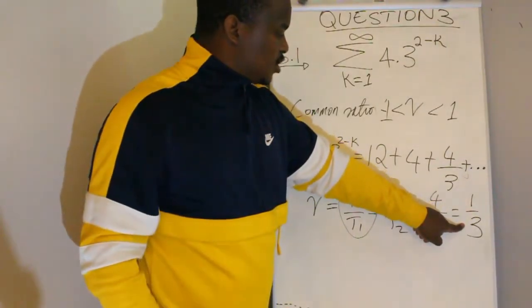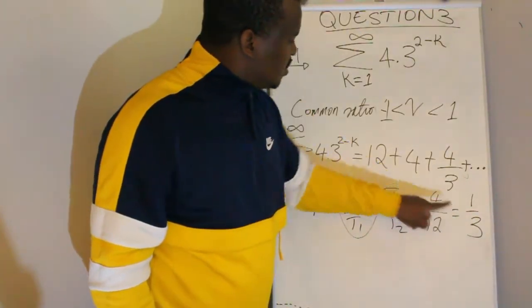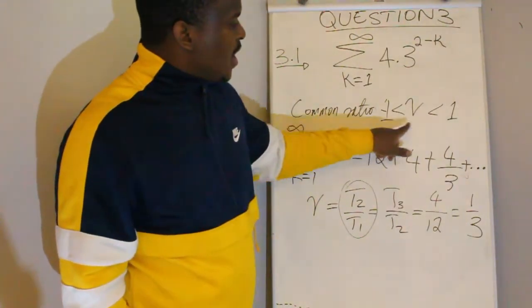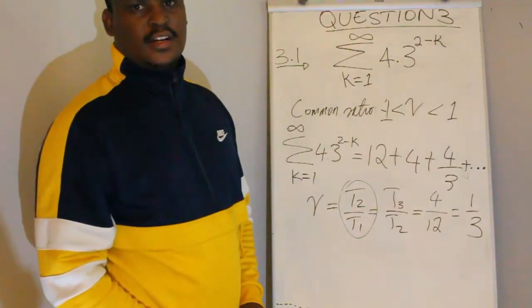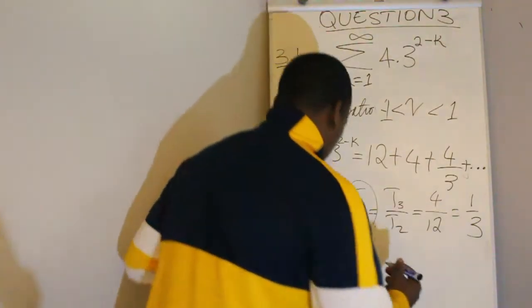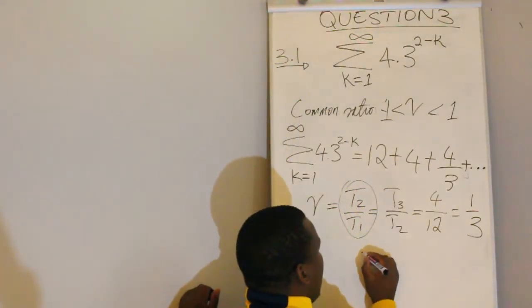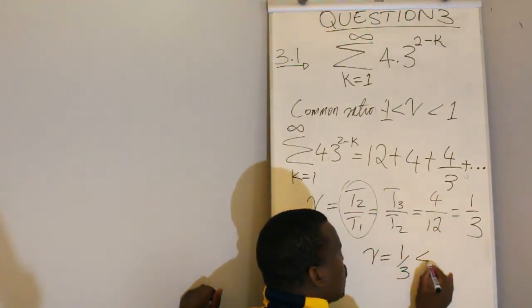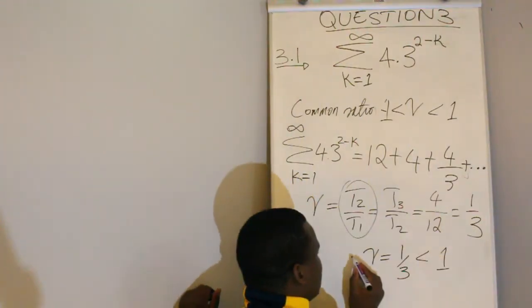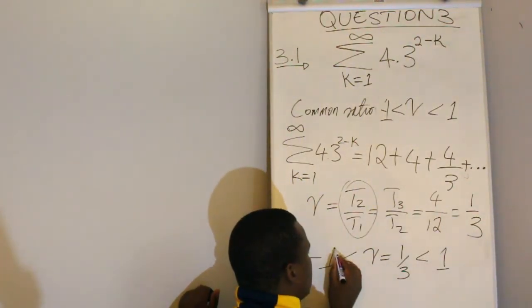And when you look at the value of 1 over 3, it is 0.33333, and so on. So this value is bigger than minus 1 and smaller than 1. Therefore, this series is convergent. So you say, okay, R is equal to 1 over 3, which is less than 1 but greater than minus 1.